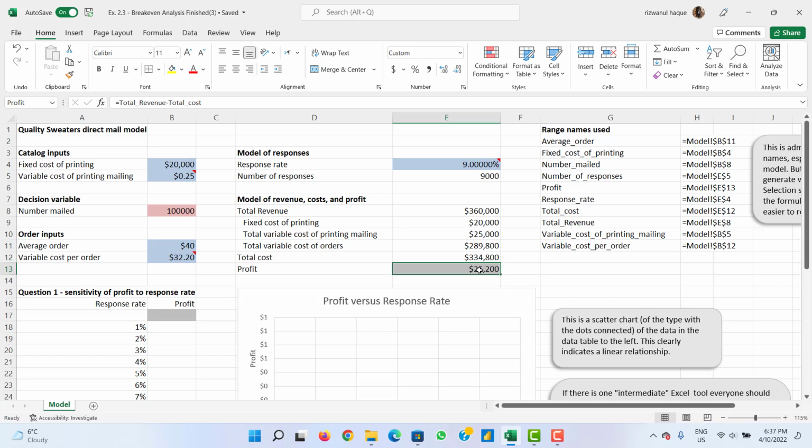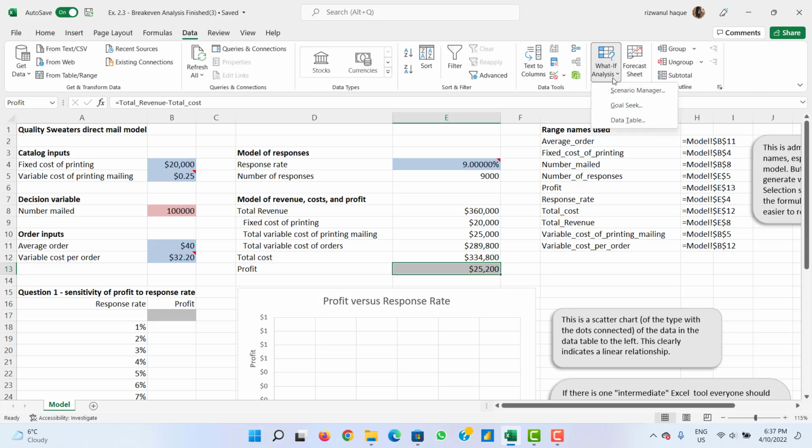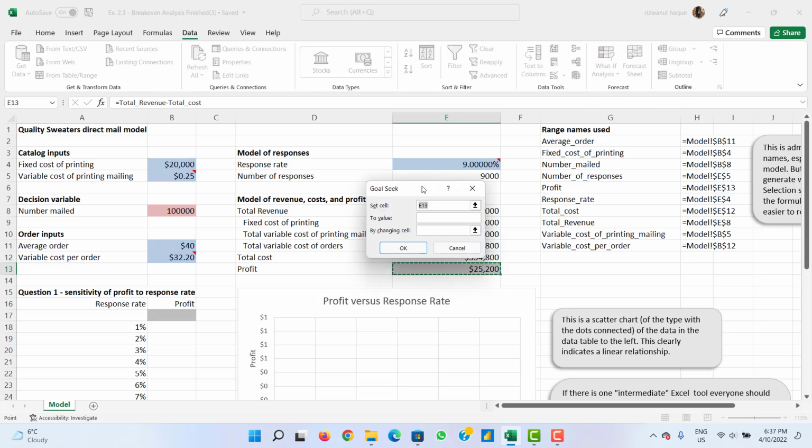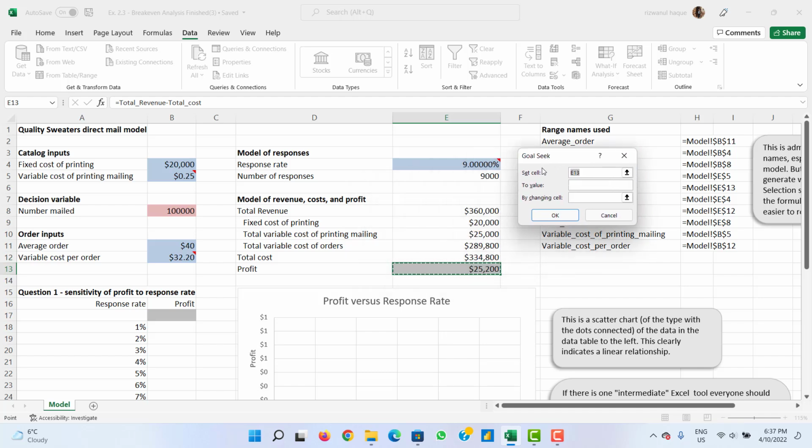Sometimes you have to run your business at break even to survive, because you cannot always make money from your business. So there's a function called Goal Seek under What-If Analysis. Now it's asking me for the set cell. This is my set cell and I want my profit to be zero, by changing cells, so I want to change my response rate.